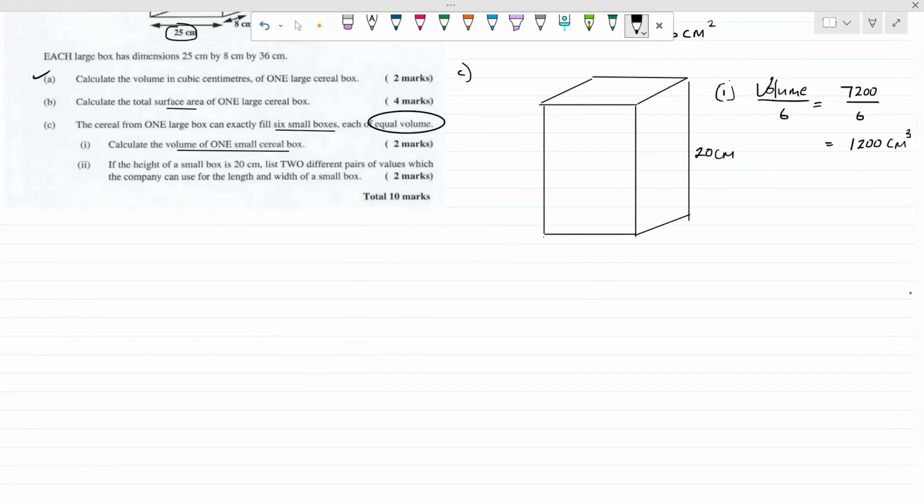You could choose 2 different pairs of values which could give us the same volume. So let's do it like this. 20 by something could give us 1,200. Or 20 by something could give us 1,200.